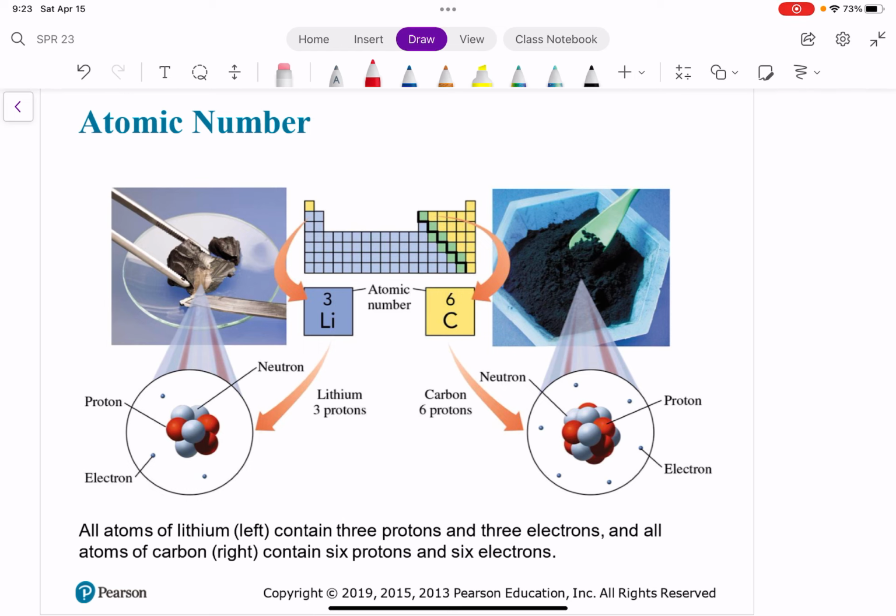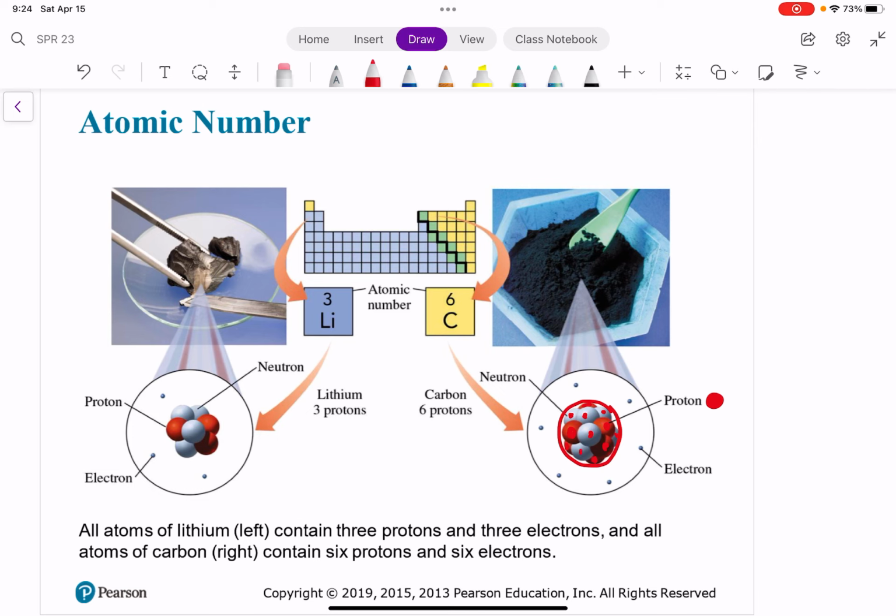Okay, so this is just showing kind of like a picture of the atom. This is like, very simplified, right? But this is what the nucleus sort of looks like for carbon. Okay, and you'll notice we have 1, 2, 3, 4, 5, 6 protons, right? We have protons in red. And then the neutrons look like they're in white, and we have 1, 2, 3, 4, 5, 6 neutrons.